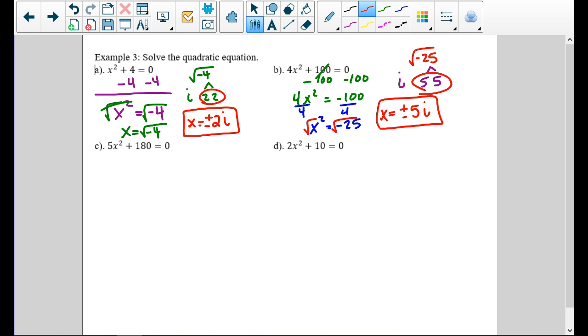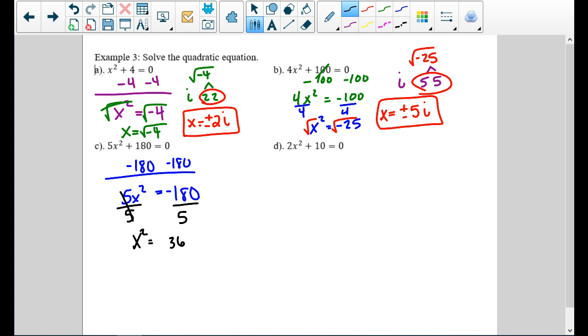Letter C, we'll do one more together and then you can try the last one on your own. So letter C, again, let's get x by itself. So we're going to subtract the 180. 5x squared equals negative 180. Divide this by 5. So x squared equals 5 into 18 goes 3 times, leaves me with 3 left over, so 30, 36.